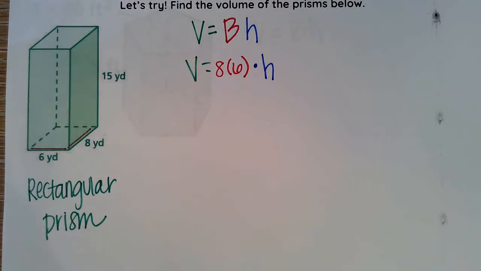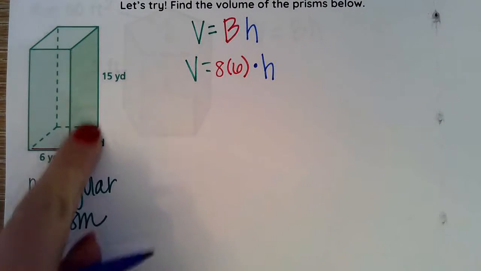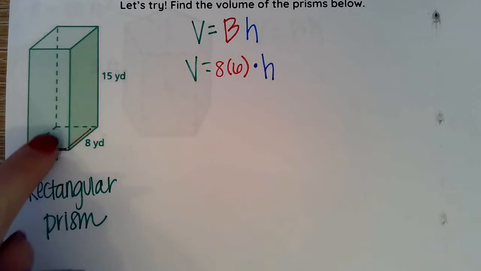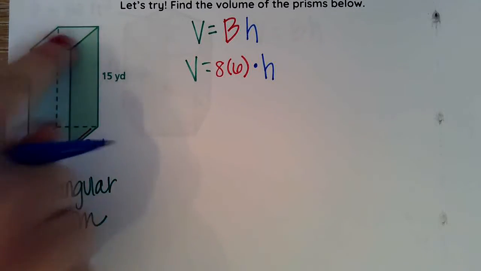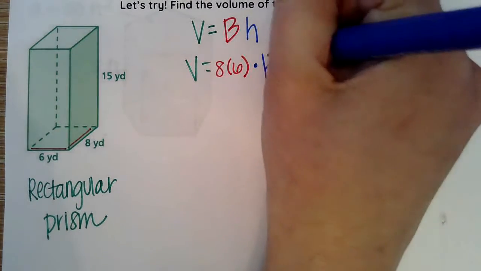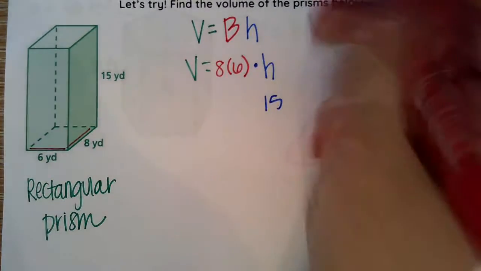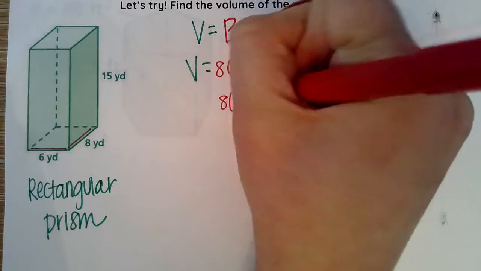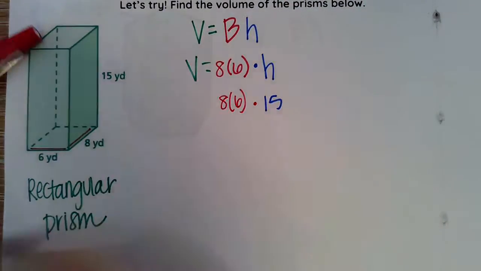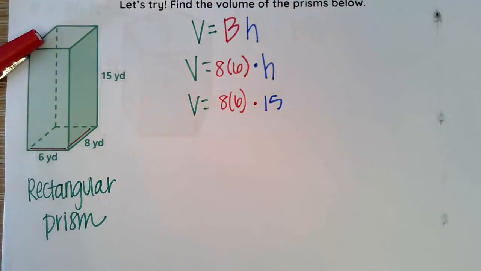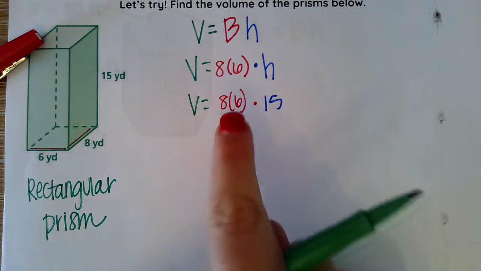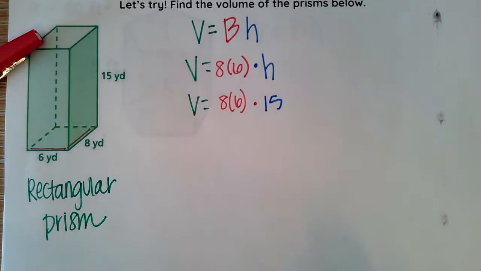Remember that the height doesn't always mean how tall, but it is the distance that is connecting both of our bases. So our height here is going to be 15. So then what I can do is use my calculator or mental math, and I can multiply 8 times 6 times 15.